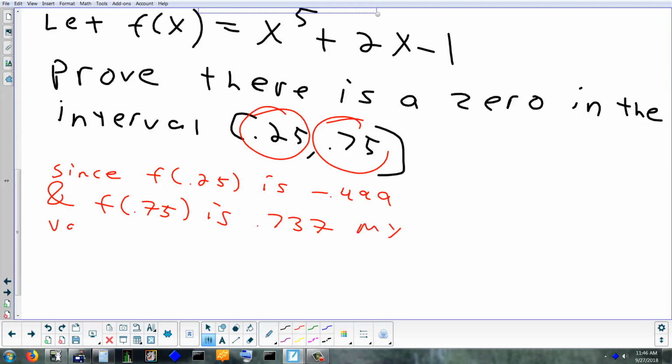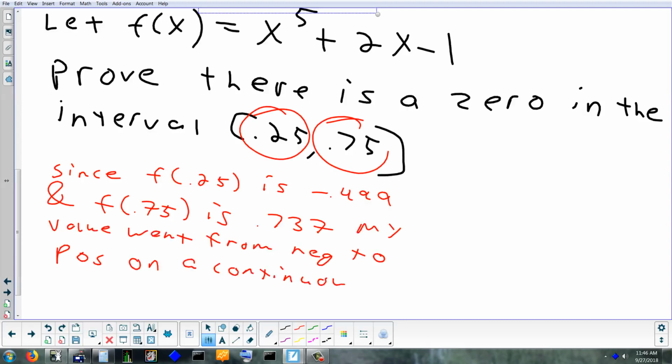My y value went from negative to positive, and this part is the important part, on a continuous function. So my y value went from negative to positive on a continuous function.